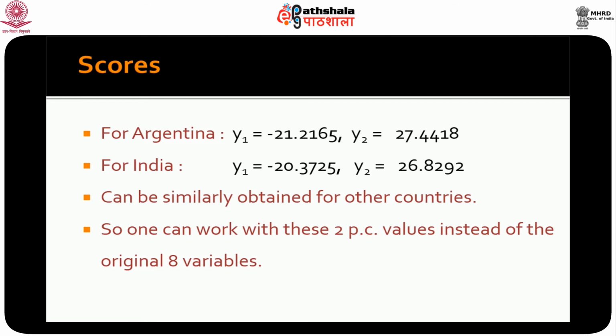Similarly, using the second equation, we can get y2 for India as 0.460 into 10.6 plus 0.434 into 21.42, etc. up to minus 0.524 into 131.98. That would be y2 for India. So, this way you can get the principal scores for each of the countries, and instead of using the 8 variables, we can do with only 2 principal components.